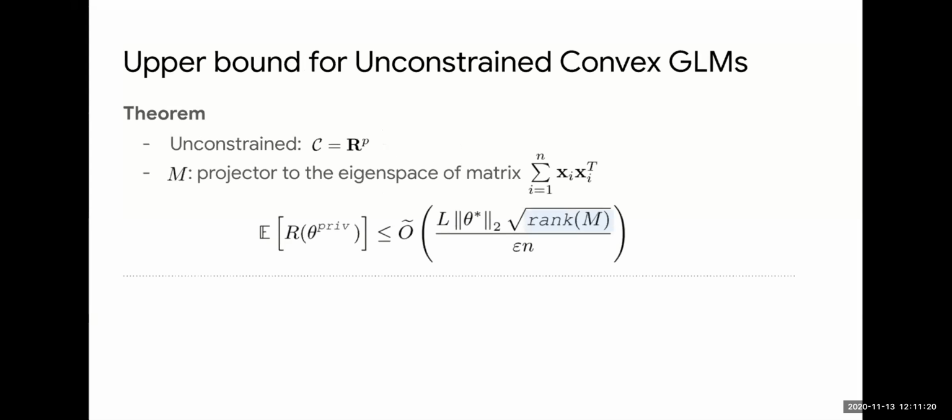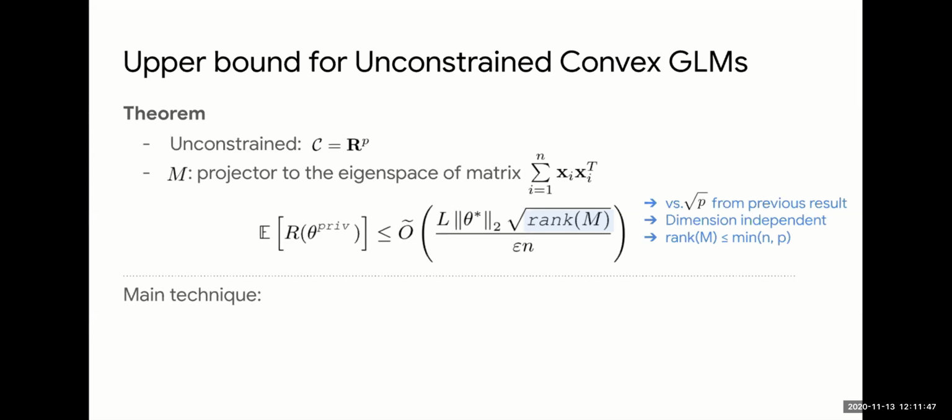So basically, the rank of M replaces the model dimensionality P in the previous bound. Obviously, this bound is independent of the model dimensionality, and because it always holds that the rank of M is smaller than both P and N, where P is the model dimensionality and N the number of samples, the bound is guaranteed to be better than the previous two bounds, and is usually much better.